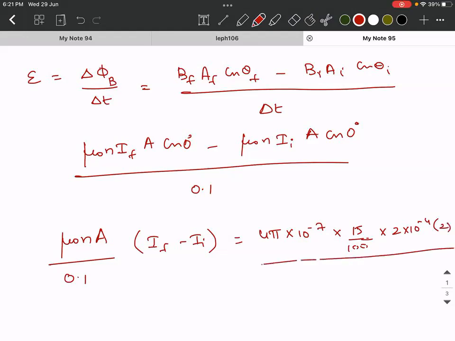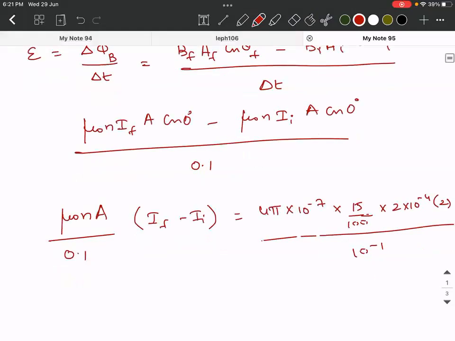The whole divided by 0.1 is 10 power 1. So when you substitute all these values, everything is in terms of SI units, the value of EMF is what you can calculate, which will be in terms of volts.